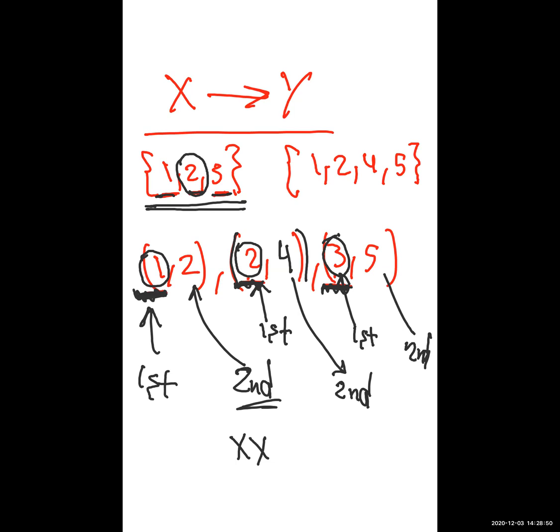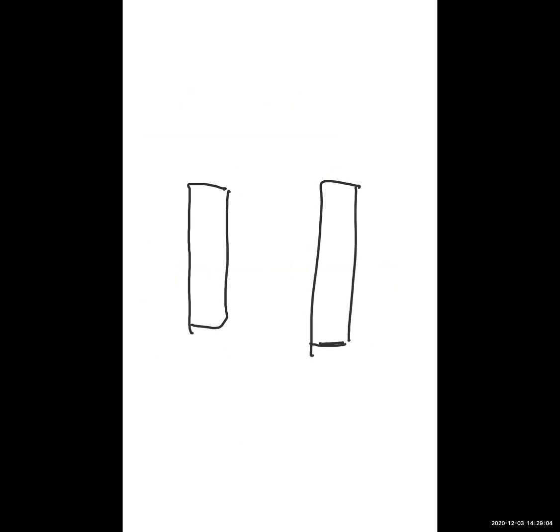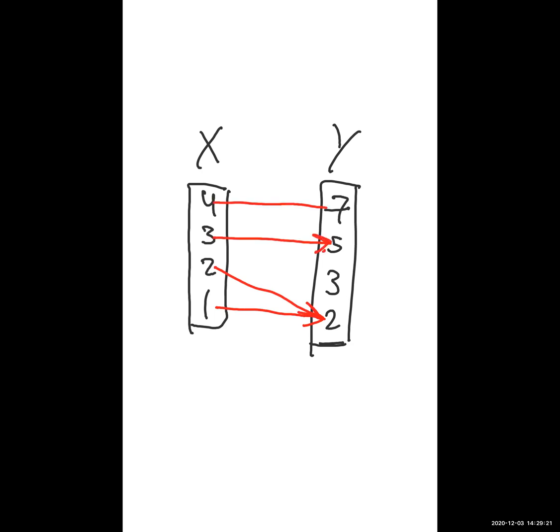Now if we get it from an arrow diagram like this. X is 1, 2, 3 and 4. This one is X and this one is Y: 2, 3, 5, 7, for example. And the arrows go like this from 1, 2, 3, 4.